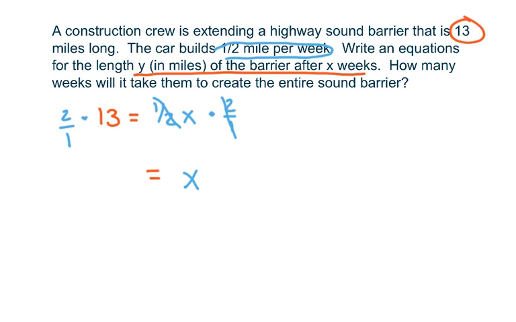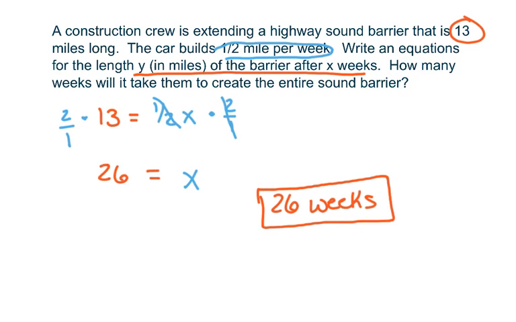Because 2 times 13 is 26. And 26 divided by 1 is just 26. Okay, well, what does that mean? That's 26 weeks. So it's going to take 26 weeks for them to finish the sound barrier.